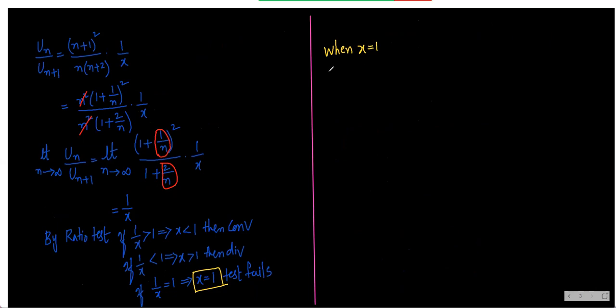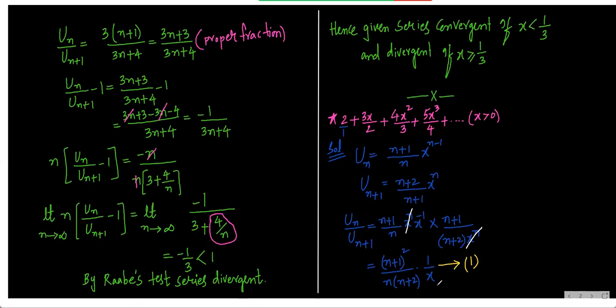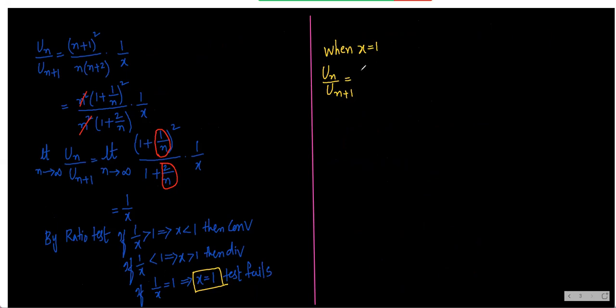Okay, let me continue. un by un plus 1 value, if x is equal to 1, I'll show you this. If x is equal to 1, then 1 by 1 is 1. We are getting n plus 1 whole square divided by n into n plus 2.